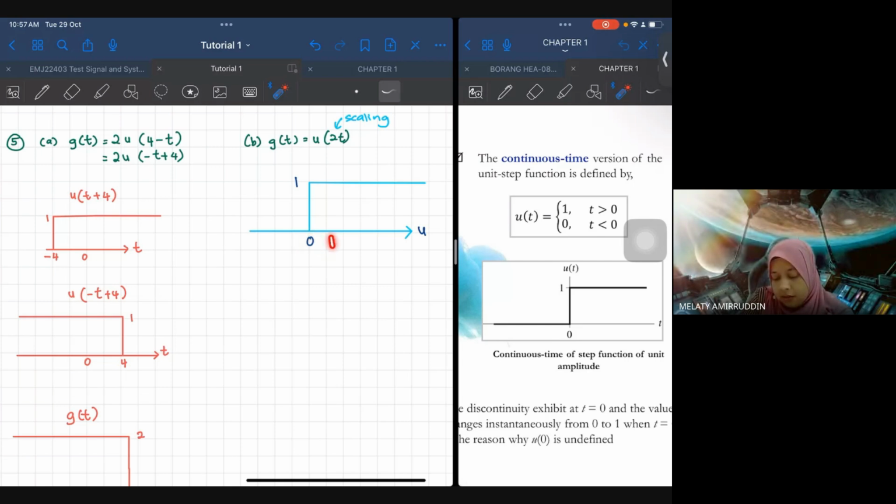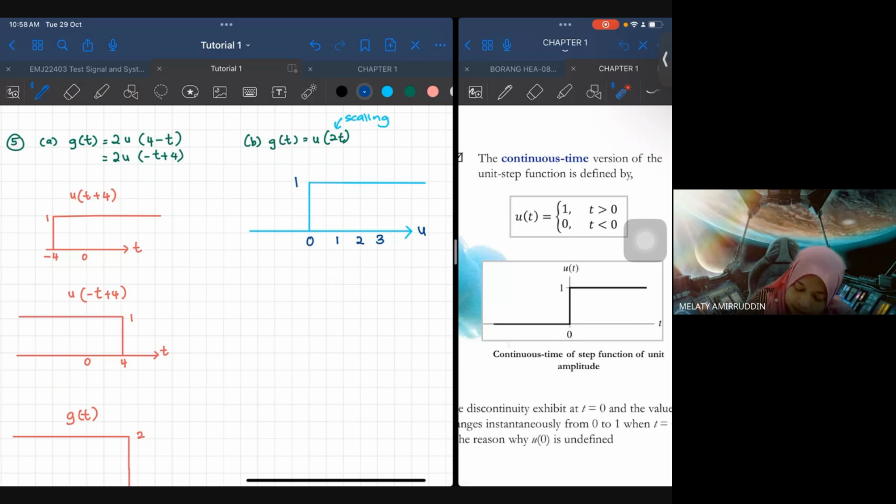If 1, 2, 3, everything you need to divide by 2. You will get 1/2, 2/2, 3/2. So the amplitude is still the same like this.